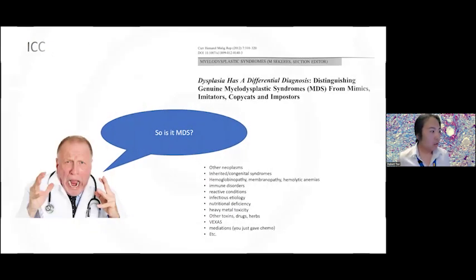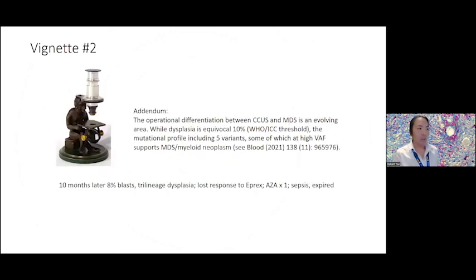So while your clinician's knocking on your door, yelling at you, is it MDS? Is it not obvious? Is it MDS? And we know dysplasia has its limitations because we know there are many other things that can make you look dysplastic. Are there things that can actually make you look normal despite you have underlying MDS? I don't know the answer to that, but in this case, I tried to split hairs here and just to say that the operating differentiation between clonal cytopenia of undetermined significance and MDS is an evolving area.